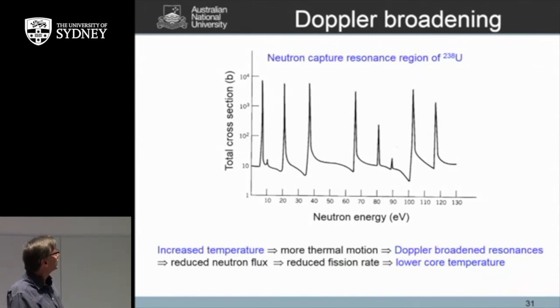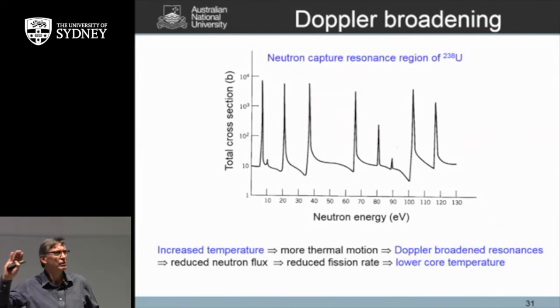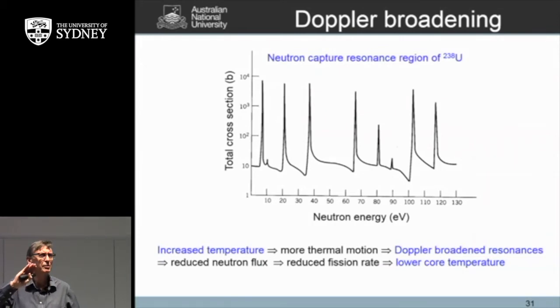The other thing that helps us is Doppler broadening. Has anybody heard of Doppler broadening? Do you know what the Doppler effect is? Yeah. So in spectroscopy, if you have thermal motion, for example, in your source, then the spectroscopy lines will get broadened. Their frequency will get spread out. The same thing can happen here with these resonances.